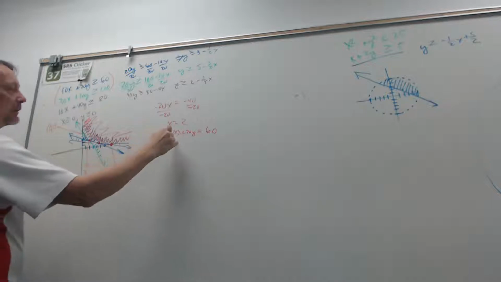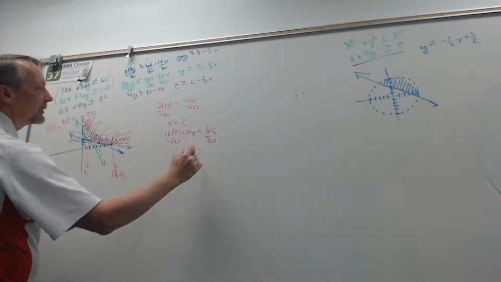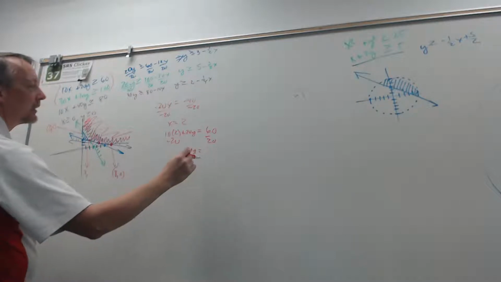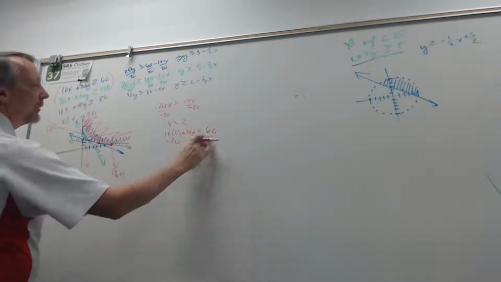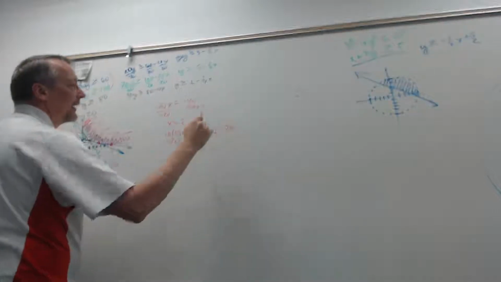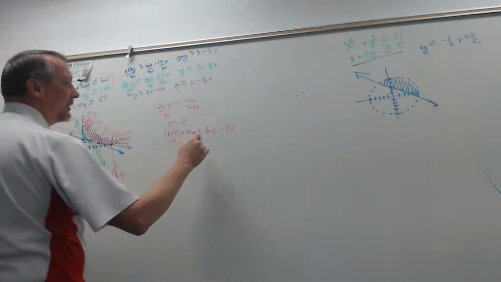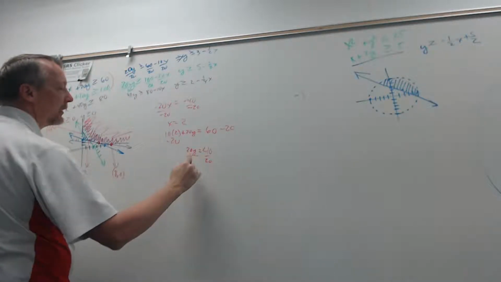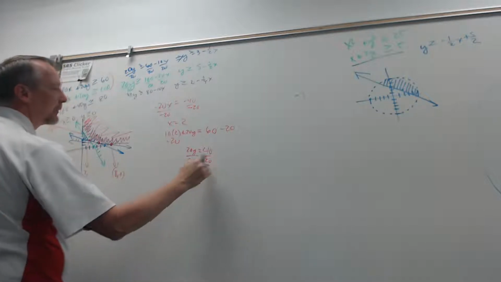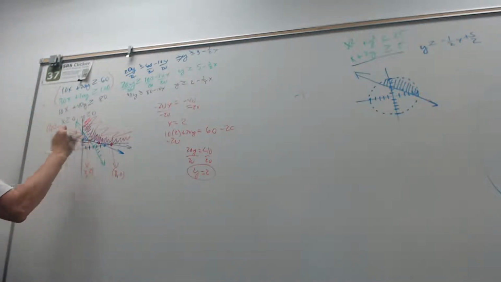Subtract 20, 20y equals 40, and then divide by 20. Y equals 2. So this point is 2, 2, just like where I drew it right there, okay?